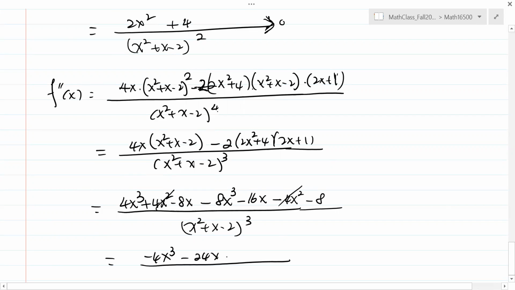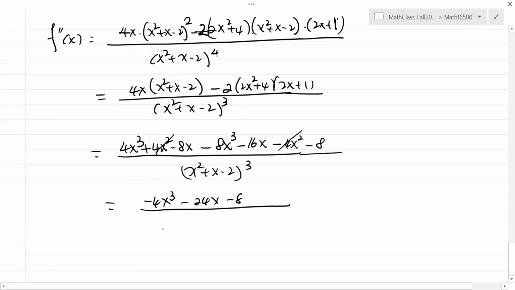Negative 24x minus 8. I think if my computation is correct, it's harder to figure out. Okay, take 4 out, you get x cubed plus 6x plus 2.